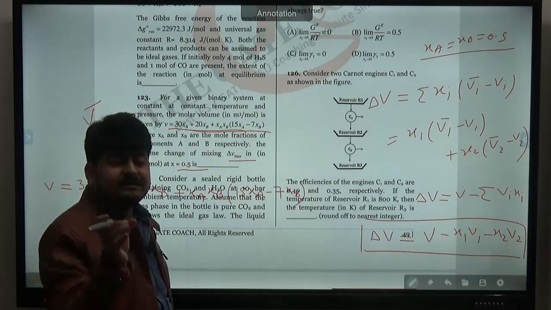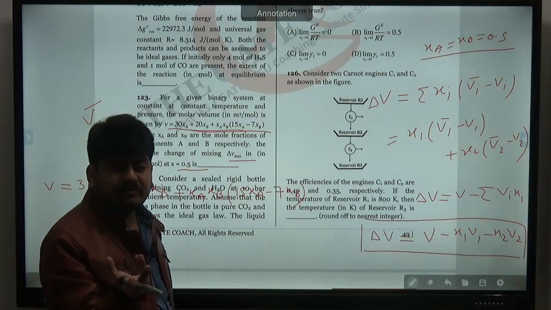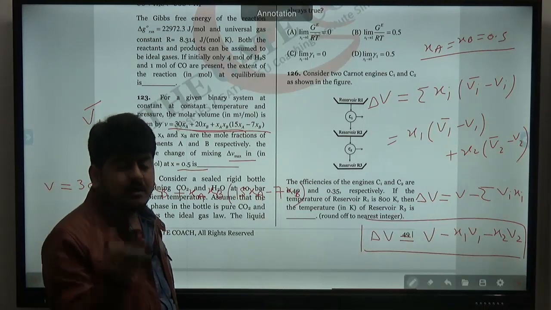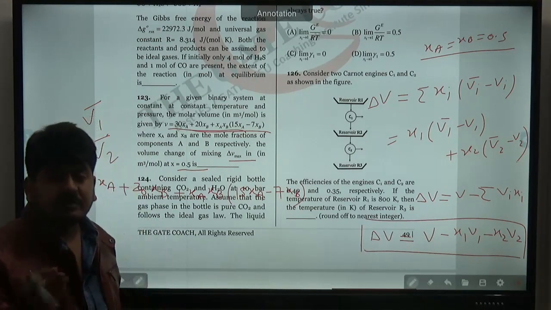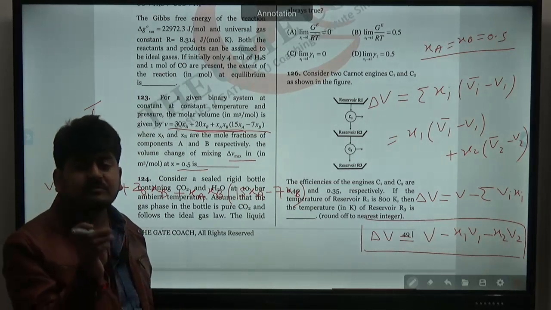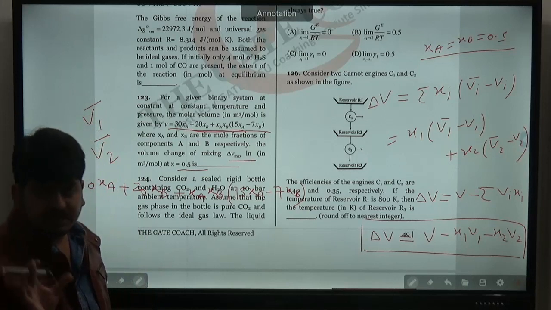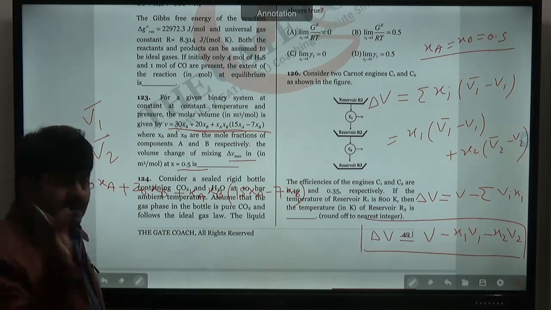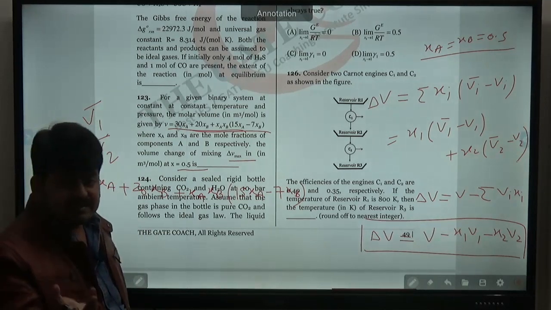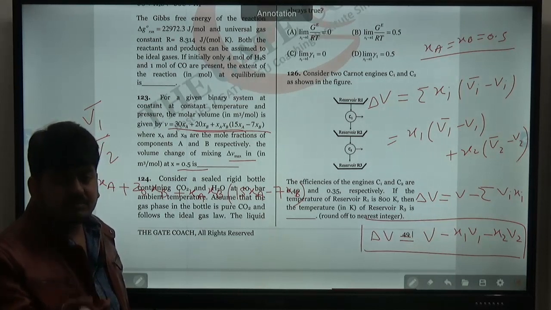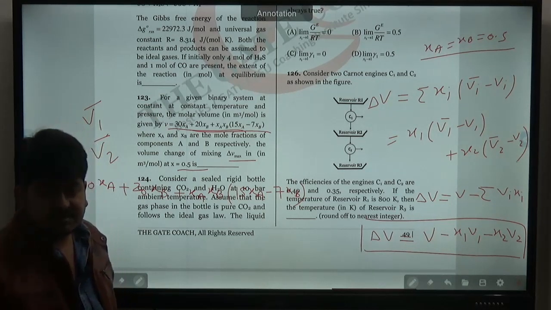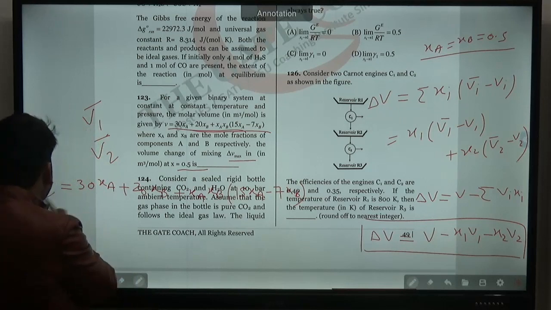The molar volume of the solution will be calculated based on the molar volumes of components 1 and 2 or their partial volumes. That you have to understand. Every component does some contribution in the total property of the system.